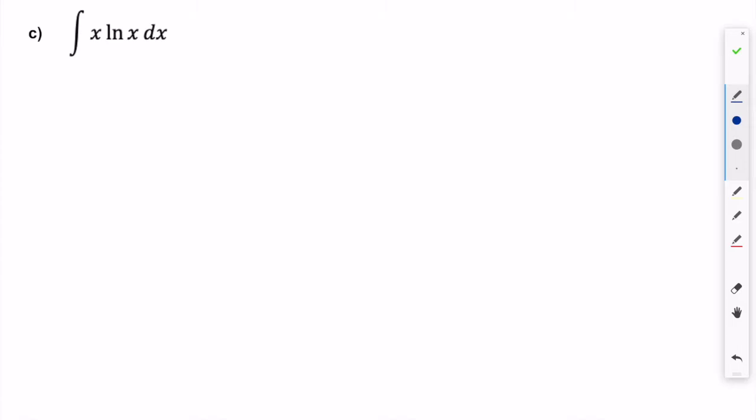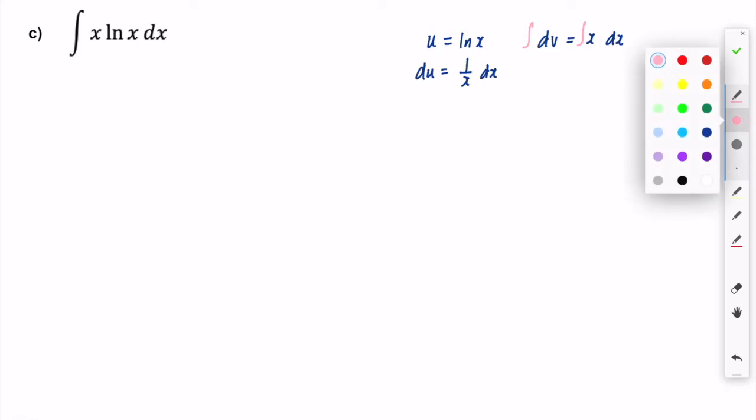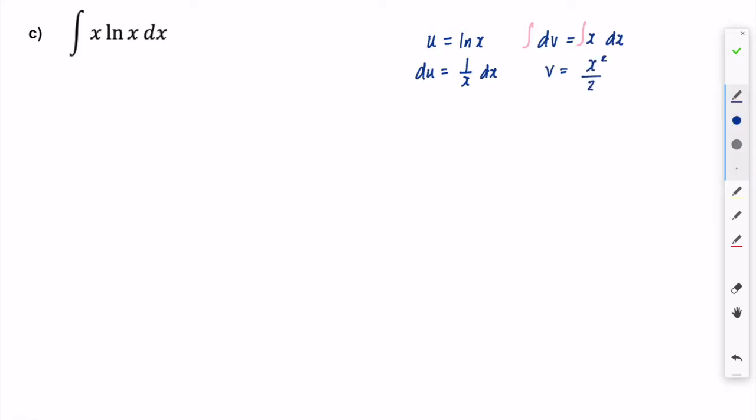It turns out this substitution, u equals ln x and dv equals x dx, gave me an easier time. Okay, so du is the derivative of ln x, 1 over x dx, and v would be x squared over 2.